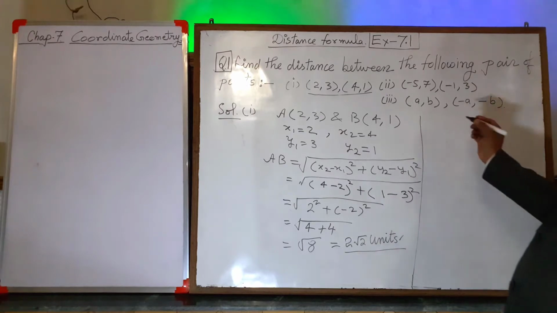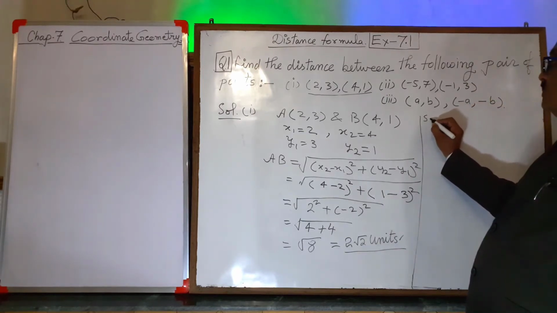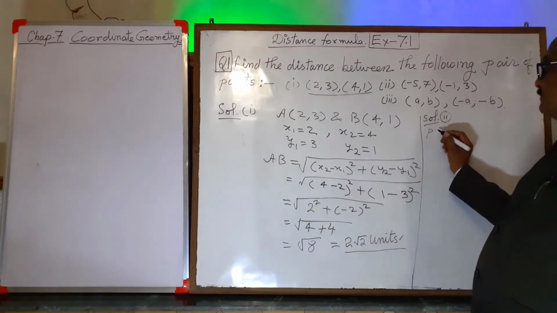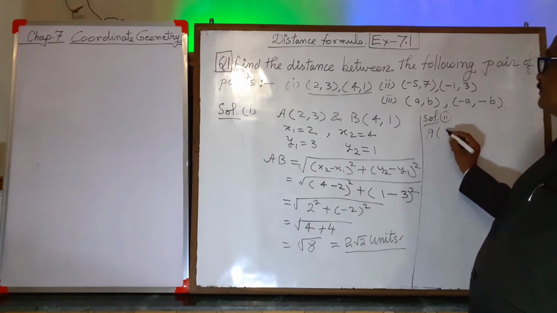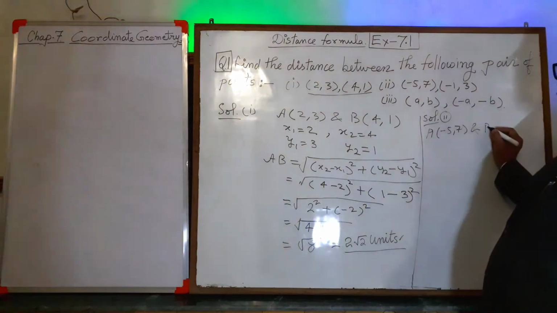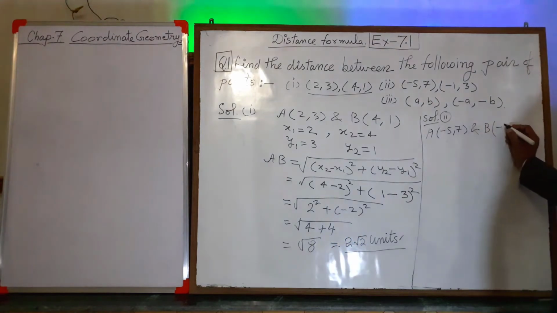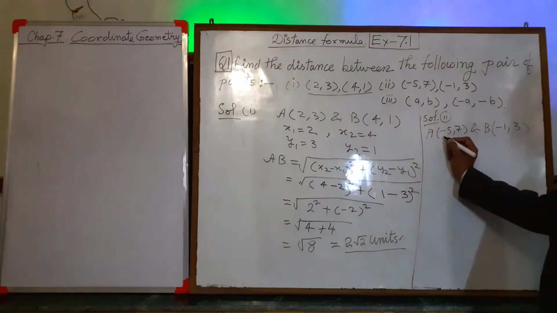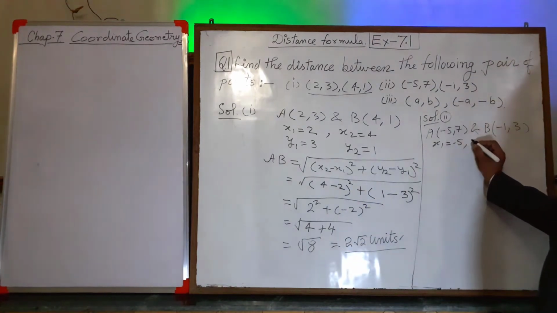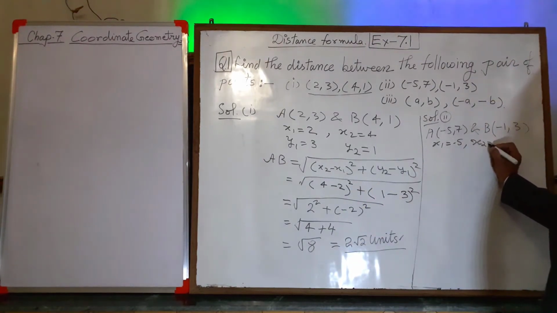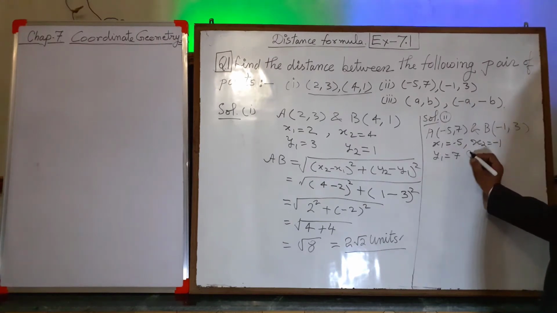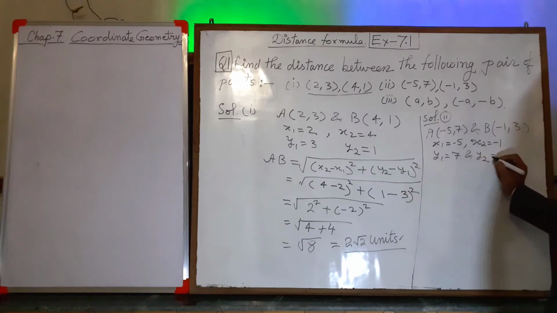See how we will find. Suppose you are solving its second part. So one point is A, minus 5, 7, and another point is B, minus 1, 3. So you can write here x1 is minus 5, x2 is minus 1, y1 is 7, and y2 is 3.